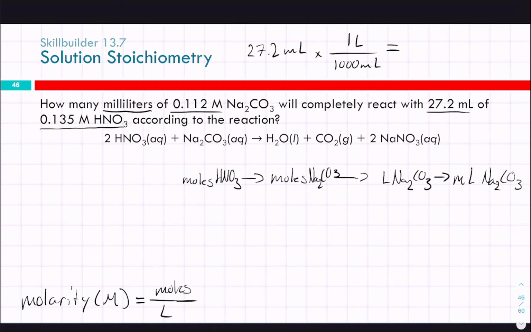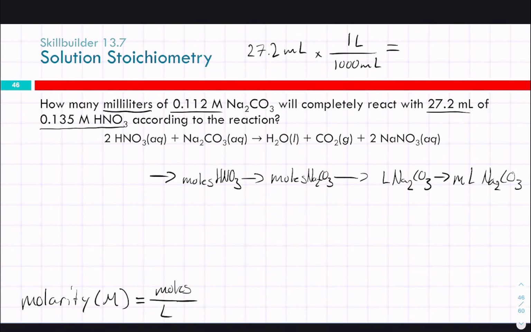So let me write this, Na2CO3. In theory, we can get it from the moles of anything else, but we have numbers associated with nitric acid. So we wouldn't use anything else because we don't have any numbers for those.